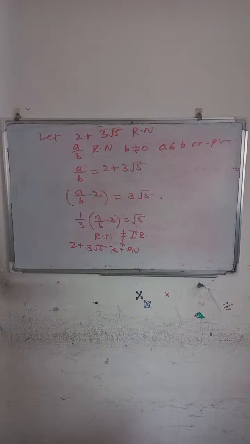So I will repeat this question. On a morning walk, three persons step off together and their steps measure 40 centimeter, 42 centimeter and 45 centimeter respectively. What is the minimum distance each should walk so that each can cover the same distance and complete the steps?